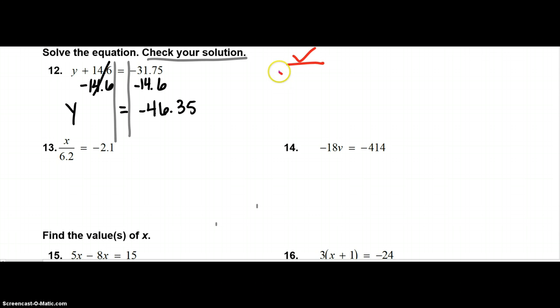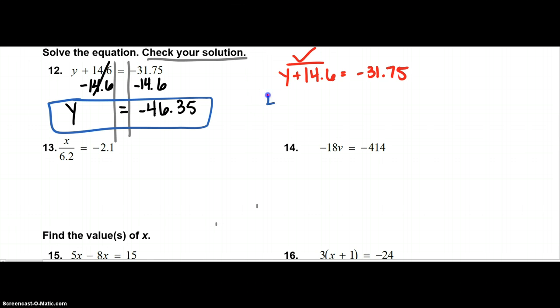Remember, that starts off with writing the original problem, so y plus 14.6 equals negative 31.75. Then I rewrite this problem with what I found my y to equal, negative 46.35 plus 14.6 equals negative 31.75. So we have to make sure that is correct.